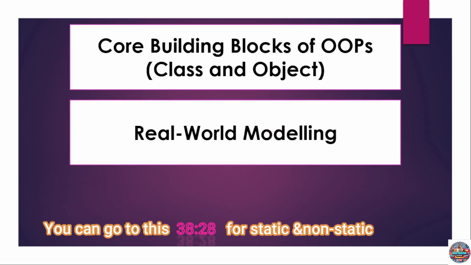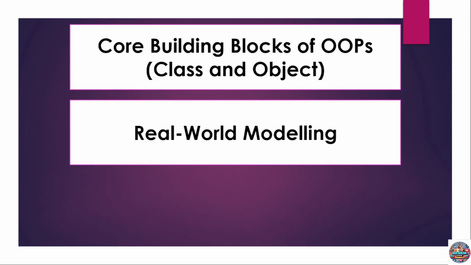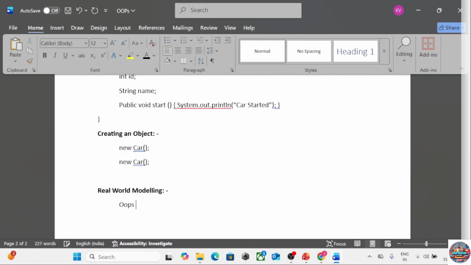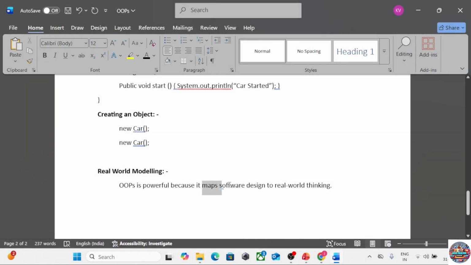Here, if you see real world modeling, it means how an object performs in the real world. As we know, OOPS is powerful because it maps software design to real world thinking. So what are the real world entities, and how does OOPS think about them in a programmatic way?